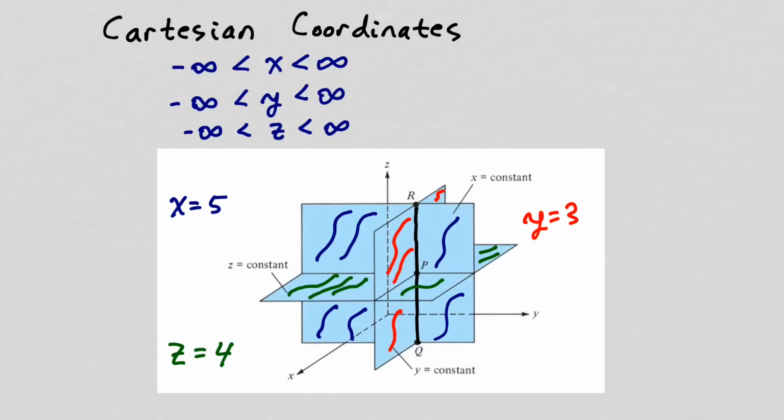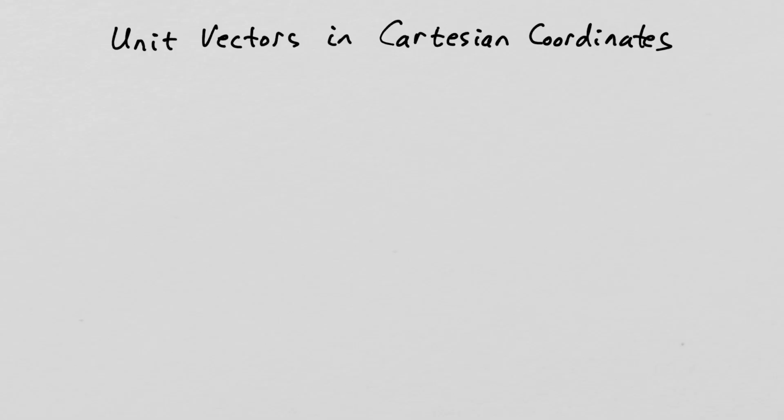So this z equal 4 plane would intersect our line right here at point P. So point P is the intersection of three surfaces, the x equal 5, the y equals 3, and the z equals 4 surfaces. Let's look at how we define unit vectors in a coordinate system, in this case the Cartesian coordinate system.